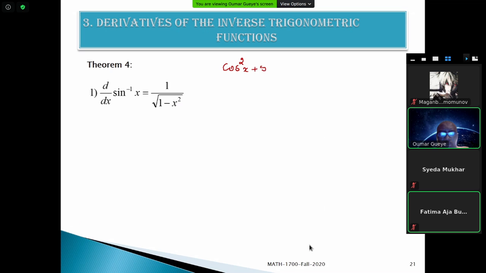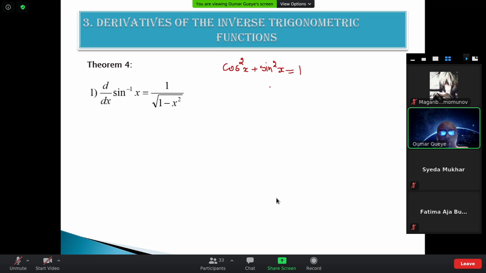Everybody remember this formula? Exactly. It is equal to 1.